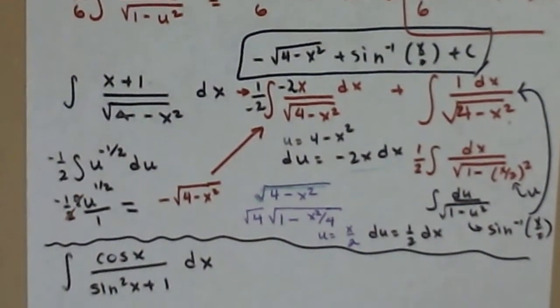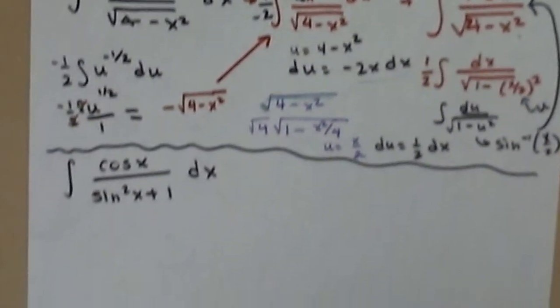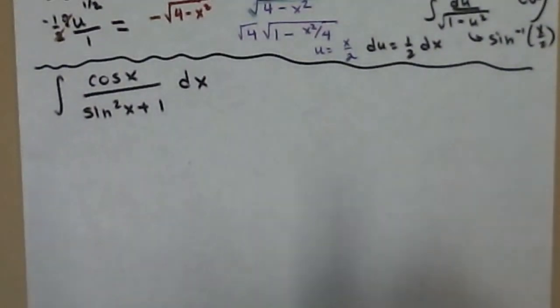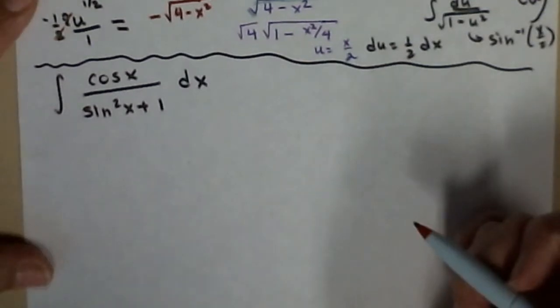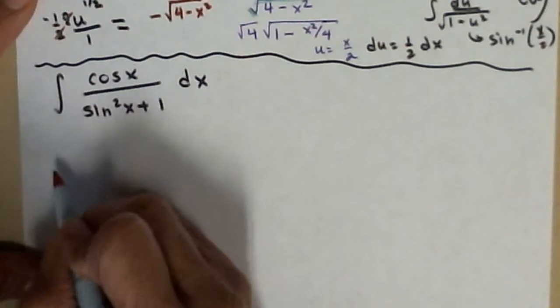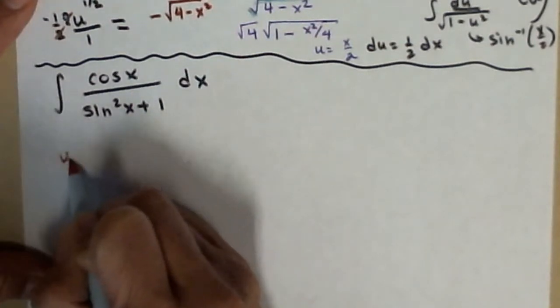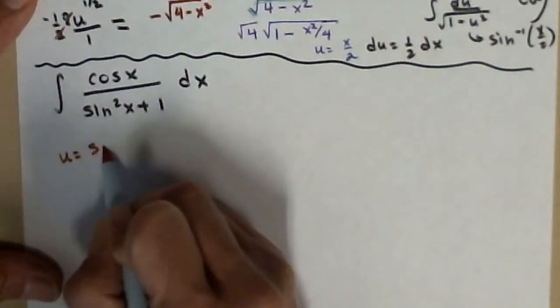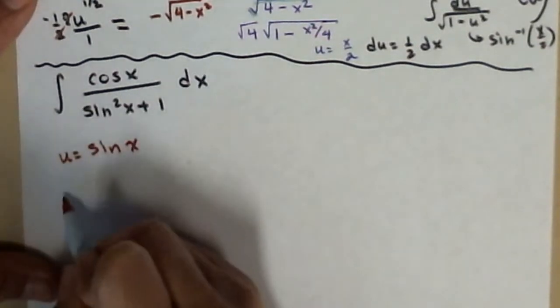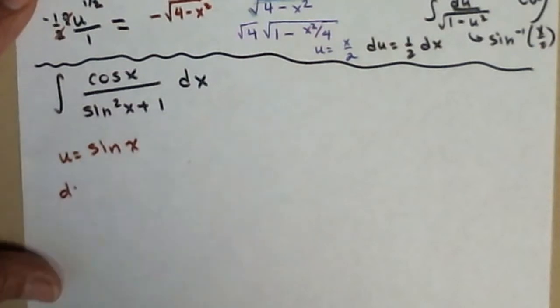Okay, I know this is getting long, so let's see if we can make this last one go fast. As I wrote it down, I was hoping that it was going to be a u sub and a tangent, or maybe a natural log. What if I let u equal sine x? What if I just stop there?